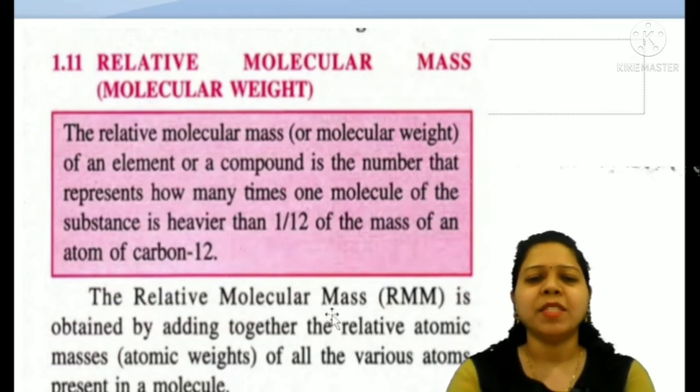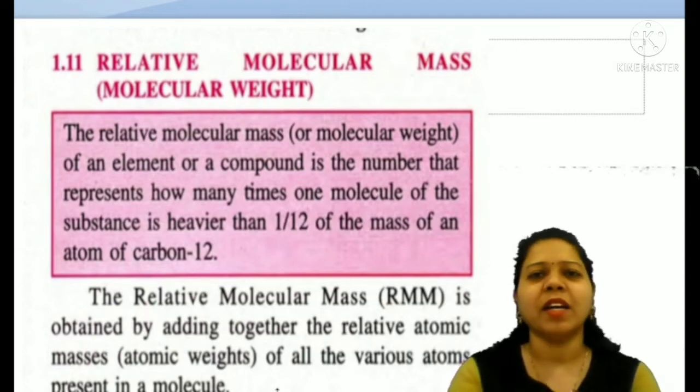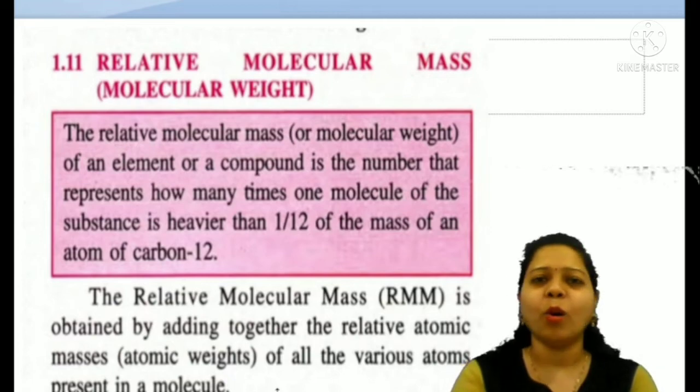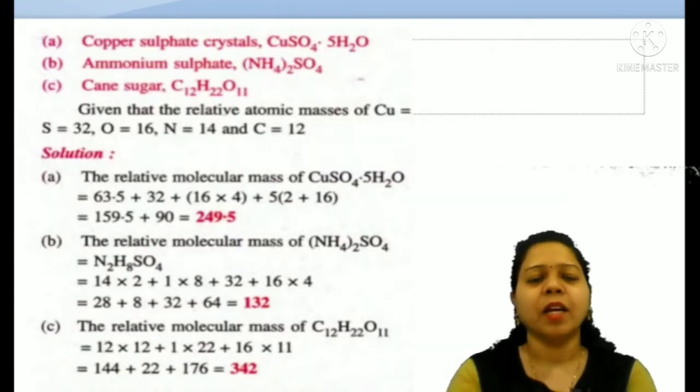The relative molecular mass is obtained by adding together the relative atomic masses, or atomic weights, of all the various atoms present in a molecule. Now we'll see some examples of how to calculate the molecular mass.